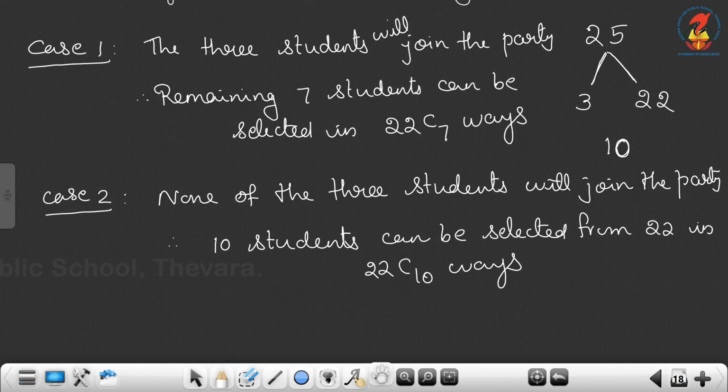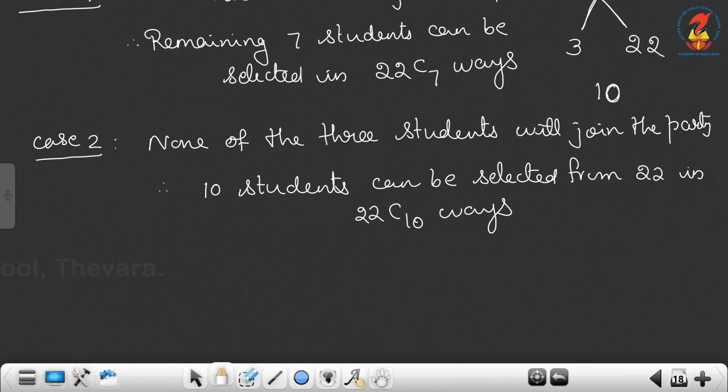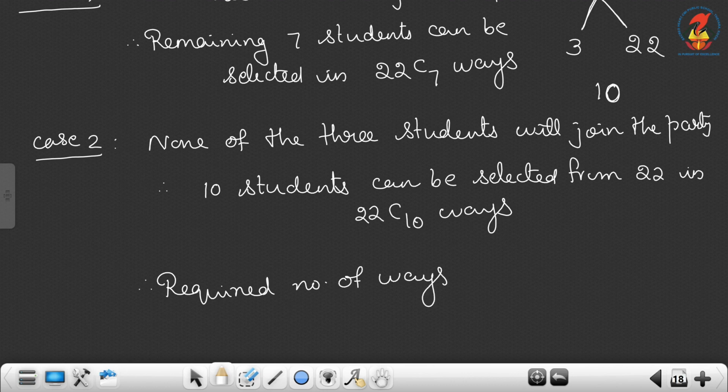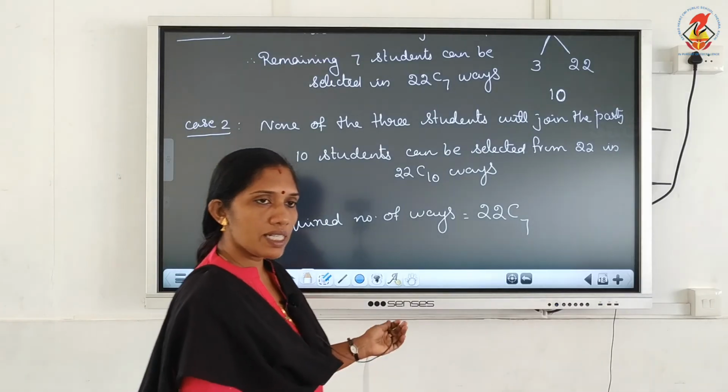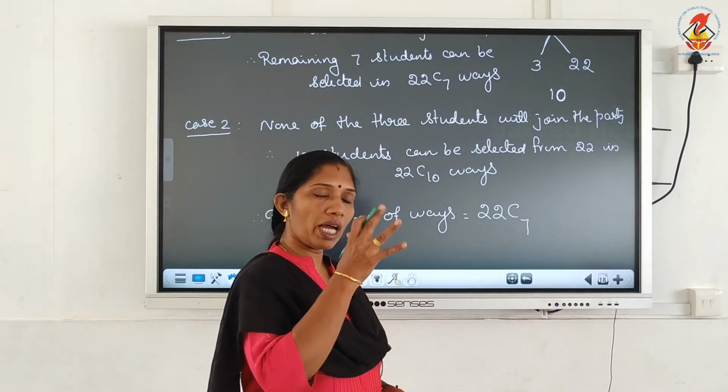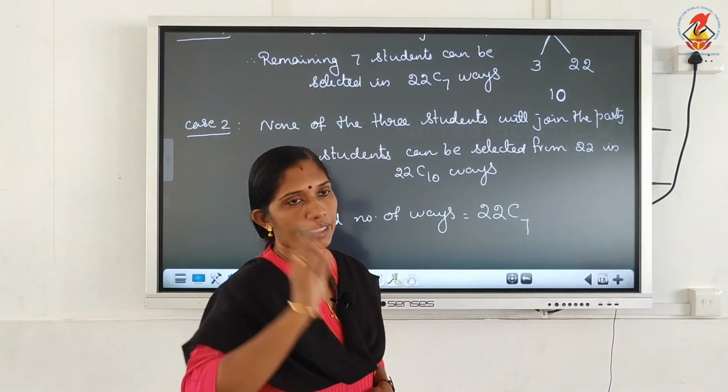So what is the required number of ways? The required number of ways is equal to either the first case or the second case. So 22C7. This is the case when the 3 students join the party. So those 3 students are already in that 10.